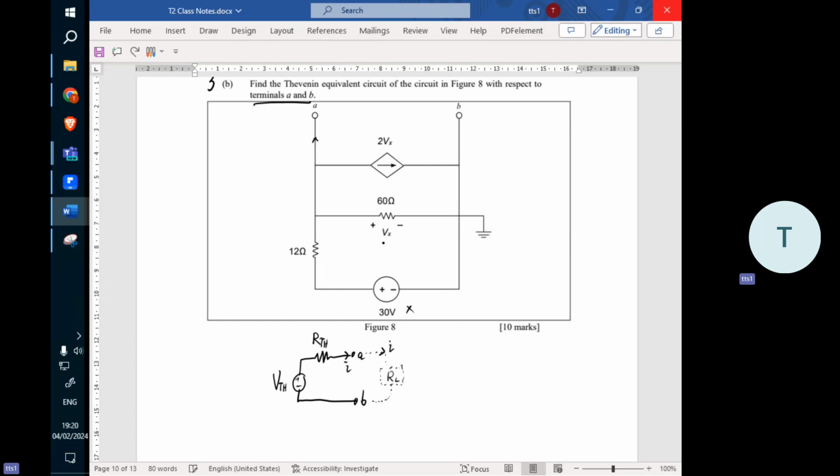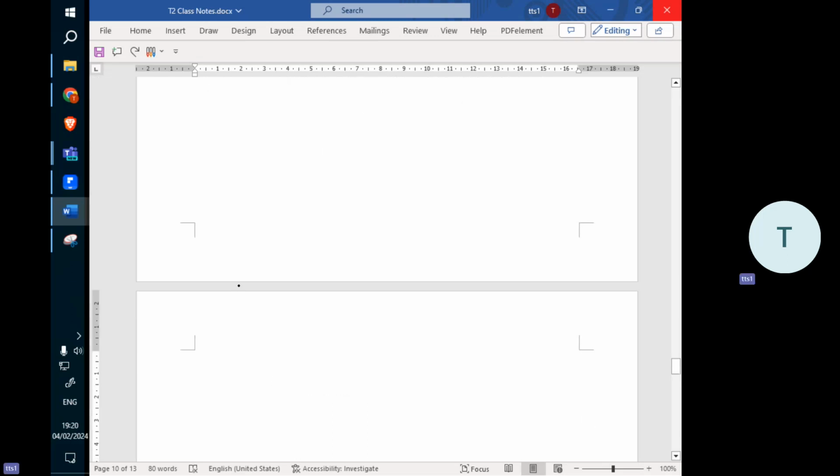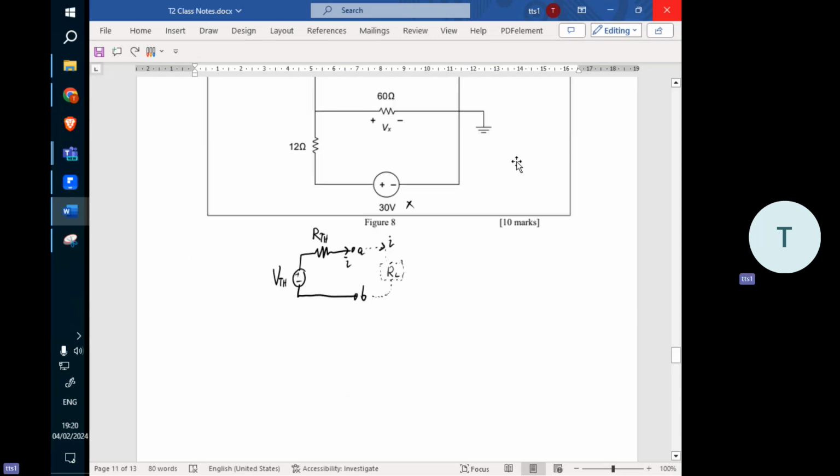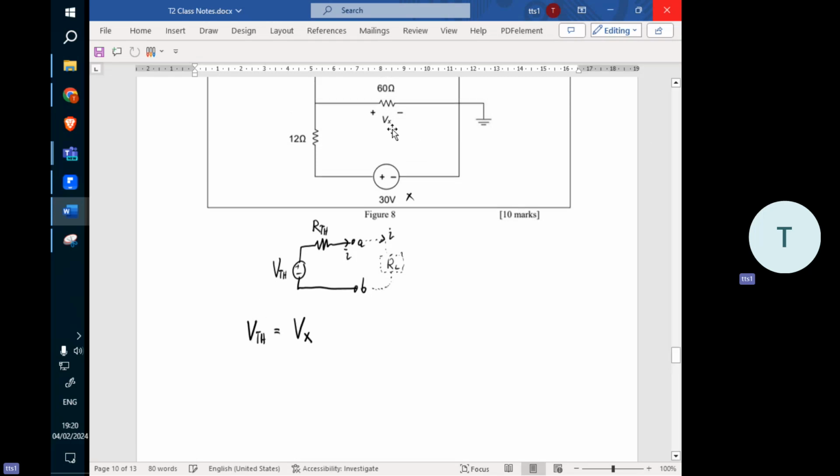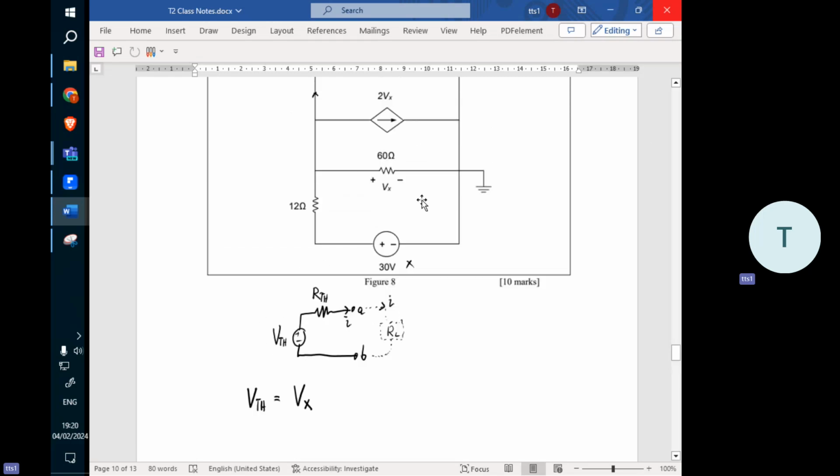The Thevenin voltage is Vx, indicated in the circuit. This Vx is not this 30 volt.